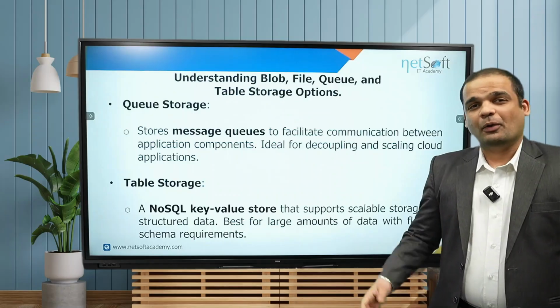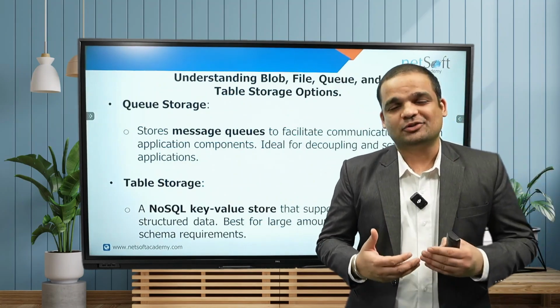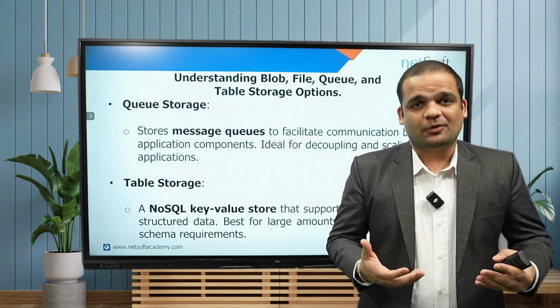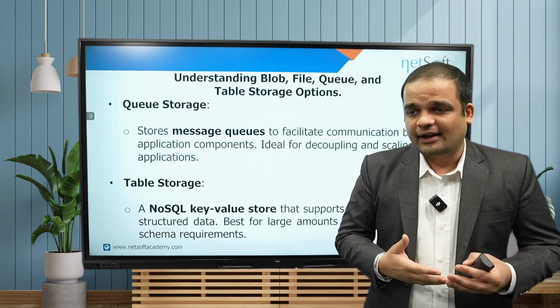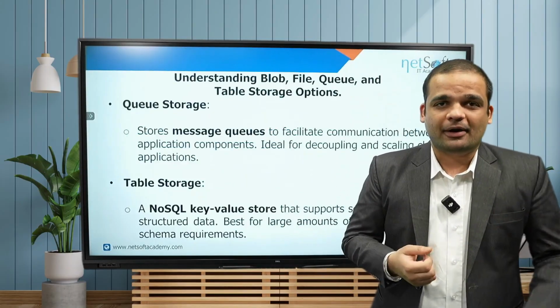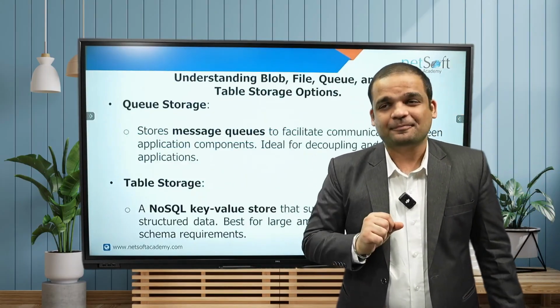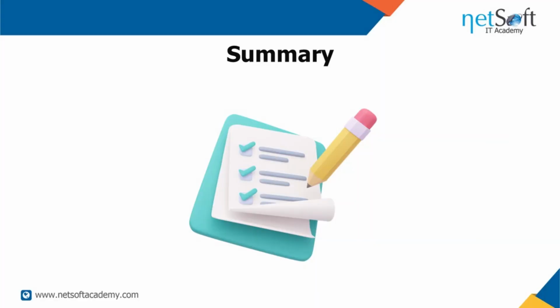Welcome back from the lab. Now I hope you know how easy it is to create your own storage account and how to implement all type of storage techniques. That is your table, queue, file, and blob. That is containers. Now, to recap, I will say blob storage is used for unstructured data.